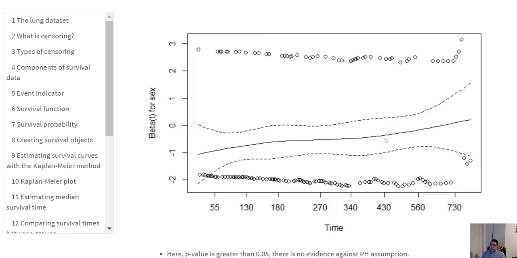Also, we can graphically plot the Schoenfeld residuals with respect to time, and if the proportional hazards assumption was not violated, then we generally expect a constant line in here.